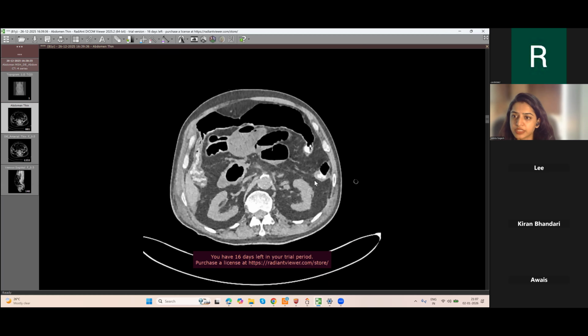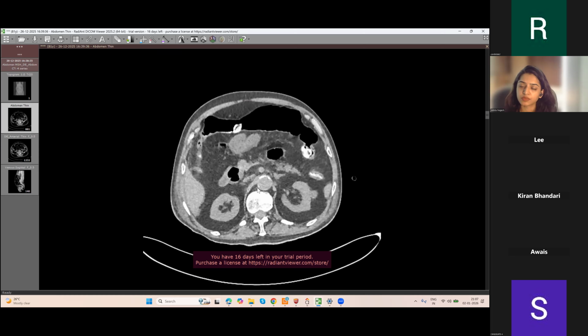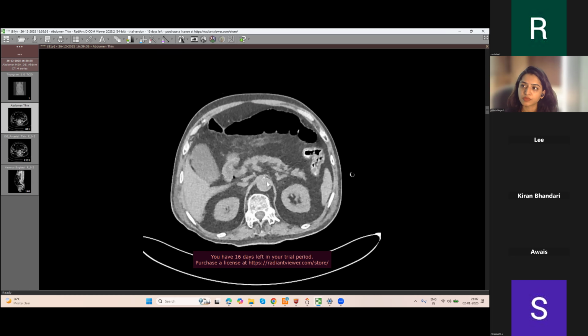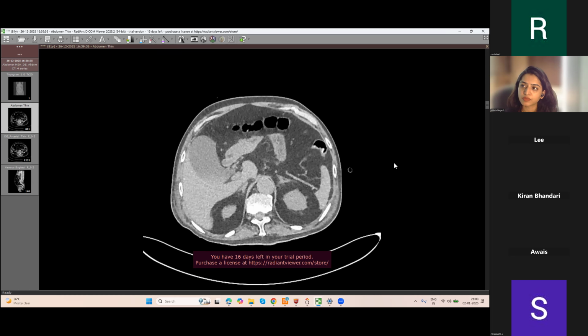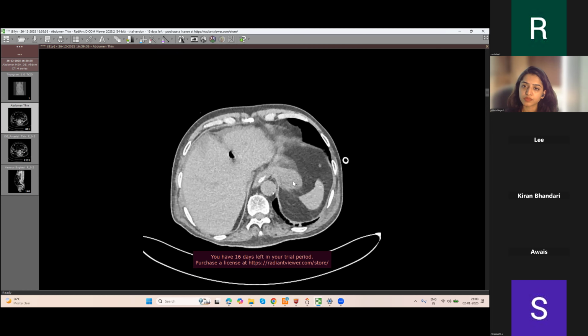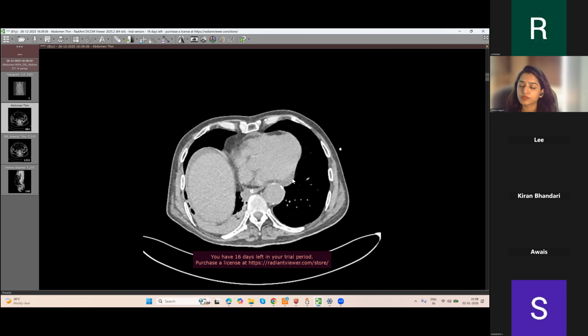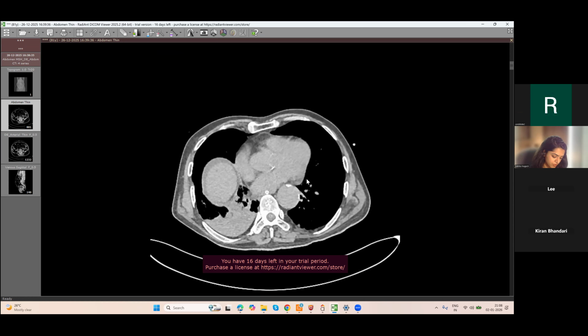This is the CT of the same patient. Okay, now it's just scrolling. So these are the CT scan images of the same patient. I'll first scroll all the images and then I'll start commenting. The NG tube is seen in place.